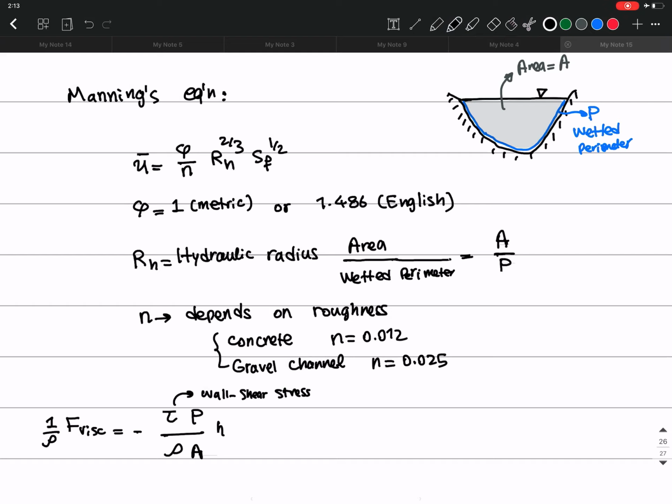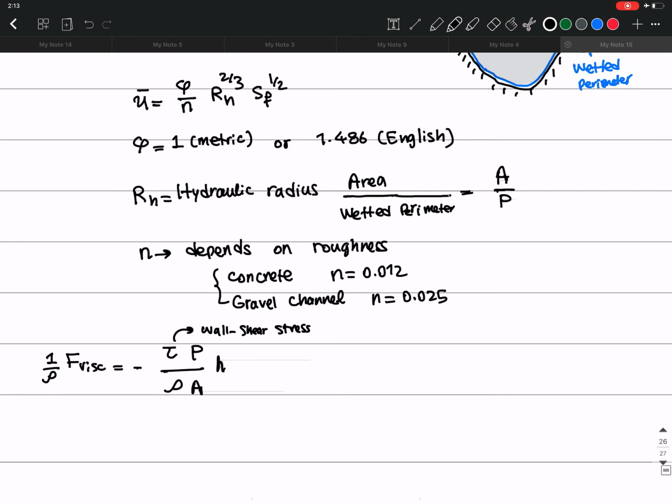You just integrate the wall shear stress, and this is what you get in terms of the viscous force. So this is going to be your viscous force, okay?